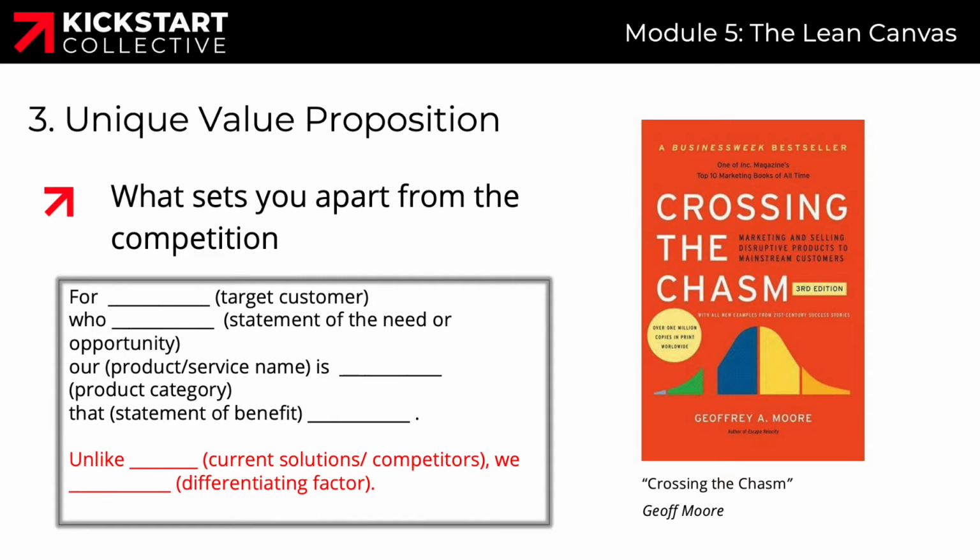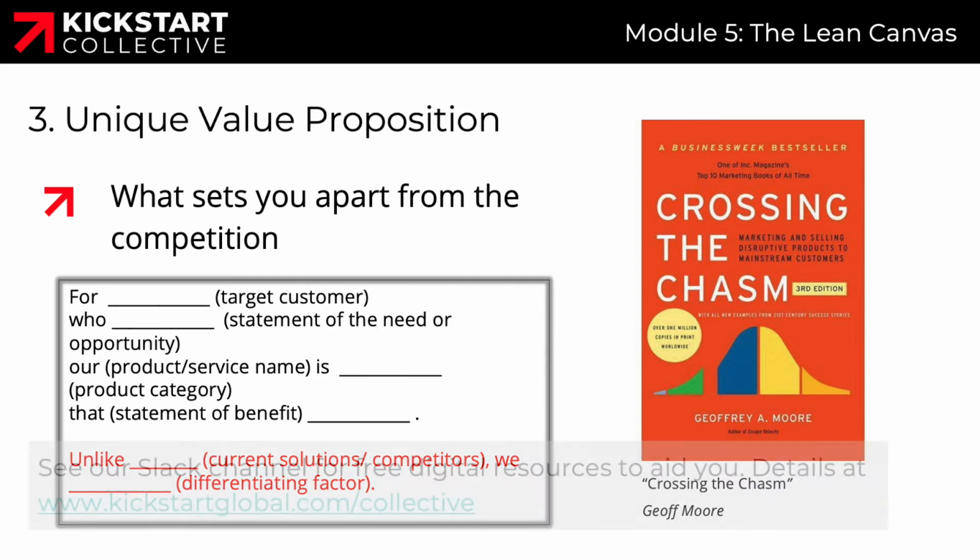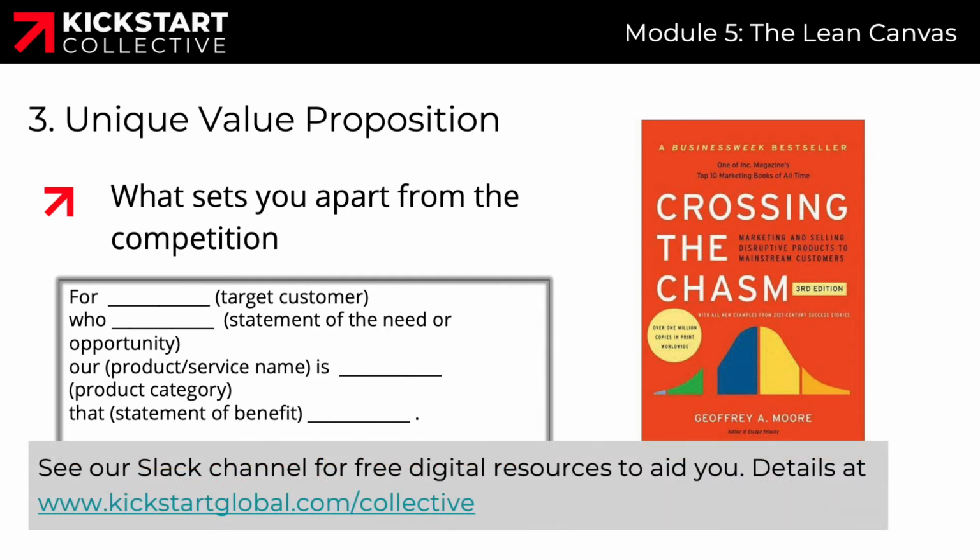This template can be expanded upon to include a differentiating factor that sets you apart from existing solutions, whether they are direct competitors or substitutes. Unlike [current solutions or competitors], [differentiating factor]. We have included other versions of the value proposition in the extra resources pack.